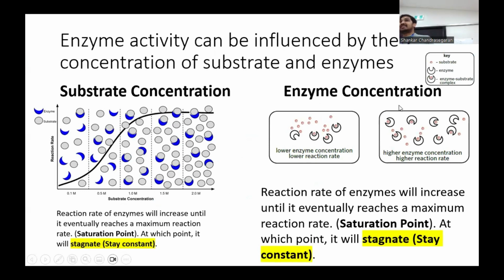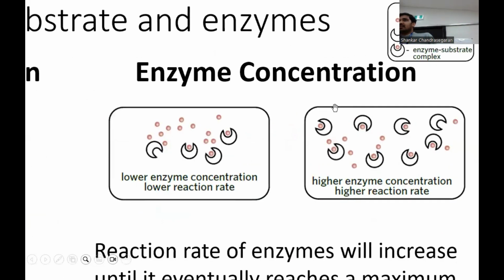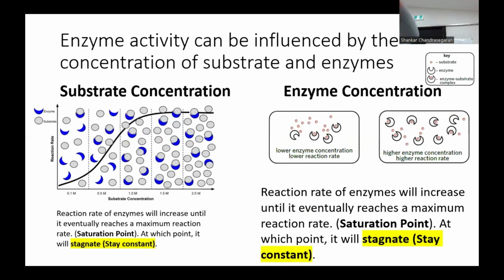It's the same thing with enzyme concentration as well. So with this picture, yeah, essentially it would have the same effect with enzyme concentration, right? If you have a lot of substrate but a very small amount of enzymes, the reaction rate is going to be very low. You can add more enzymes to increase the rate of reaction, but eventually you will reach a saturation point where it will stagnate and stay constant.